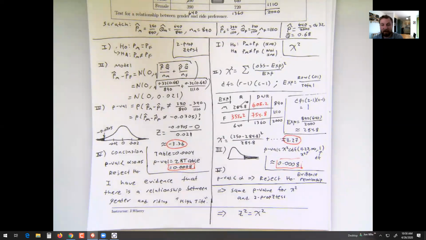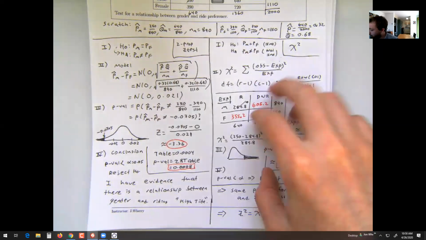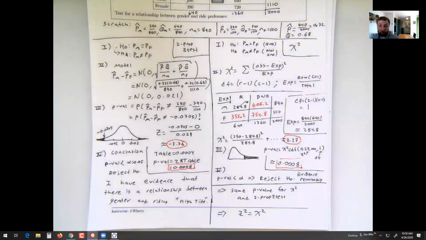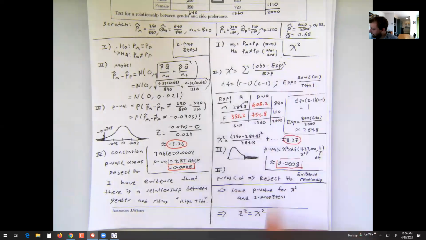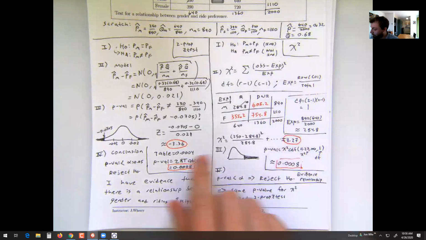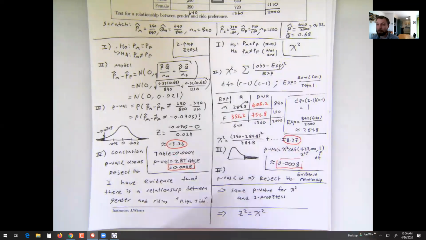So this tells me I now have a way of essentially double checking my work with either one of these processes. If I'm better with chi-squared, I find that I'm a lot better with chi-squared. I don't have as many nasty square roots to work with here. I can double check this using this z-score squared to see if I'm on track or not. So this was the process for going through using both a two-proportion z-test and chi-squared.